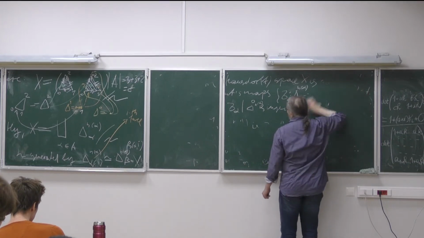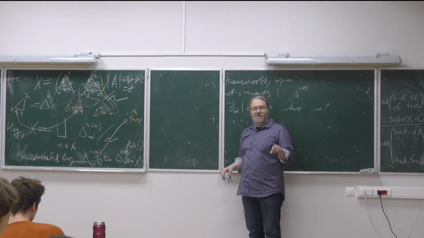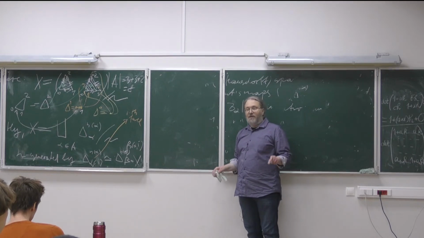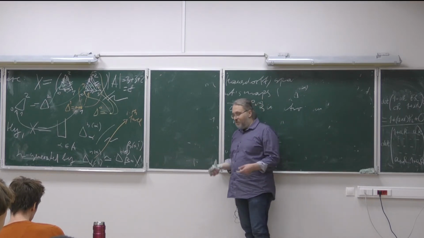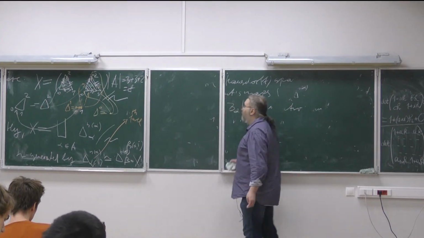Actually, I don't remember whether or not we did it last time. Did we? Did we not? Only for simplicial sets. Okay. Well, in this case, there is nothing to recall. Let's define the chain complex.